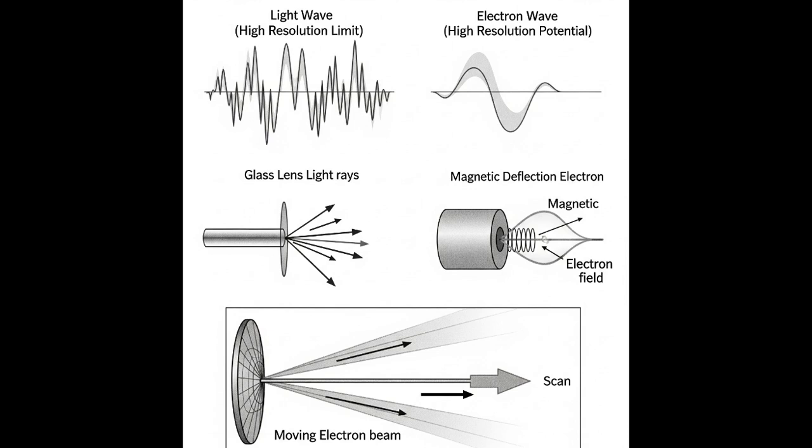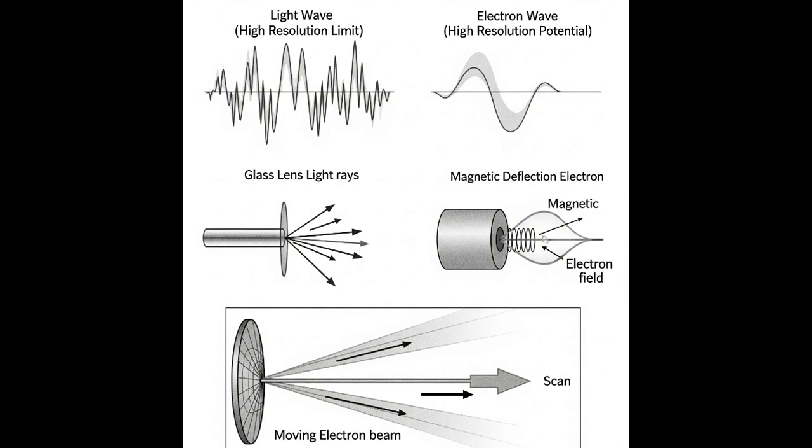This image helps us to visualize the fundamental differences between light and electron microscopy. At the top, you see the core reason for the electron microscope's power, the wavelengths. Notice how the light wave is long and spread out, which limits how much detail we can see. In contrast, the electron wave is incredibly short and tight, allowing us to resolve much finer features.